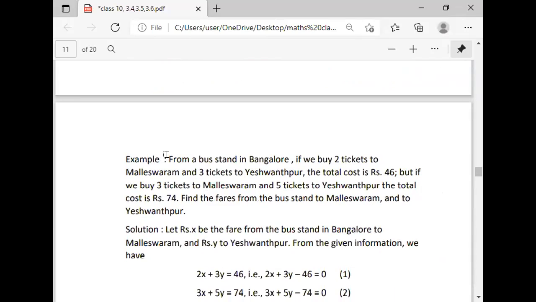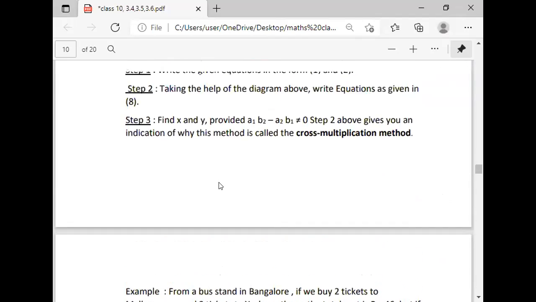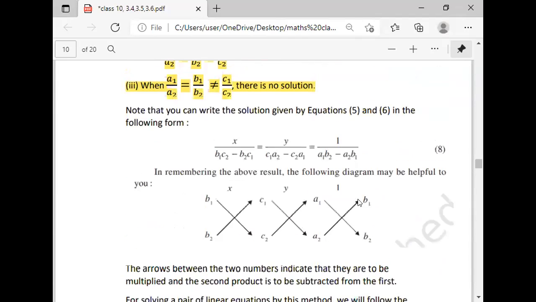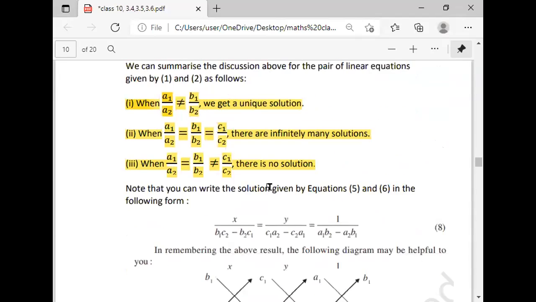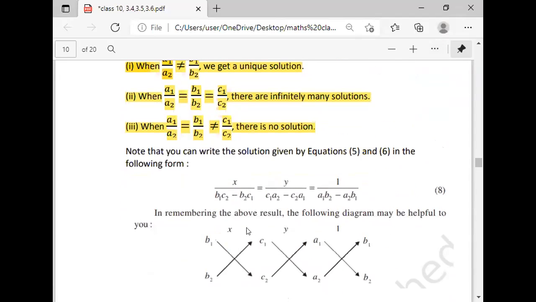All of you remember it? Let me tell you once again. When we write the x in the numerator, the denominator should contain the y term and the constant term, and when we write the y term, it should contain the constant term and the coefficient of x.